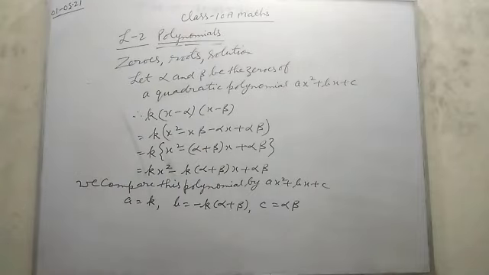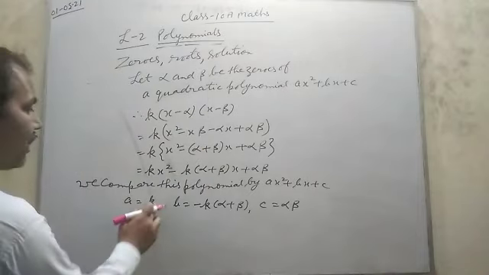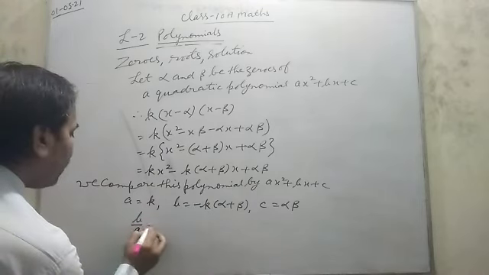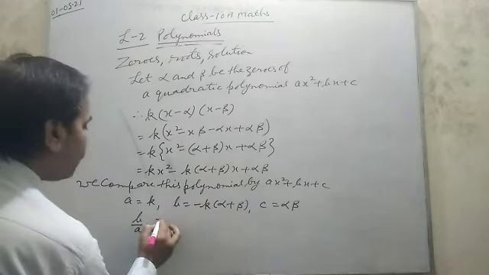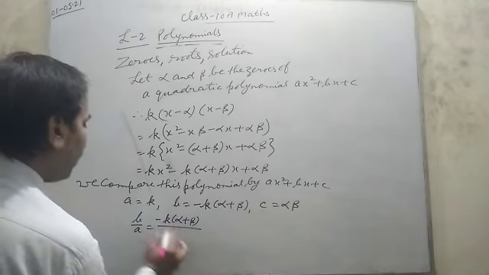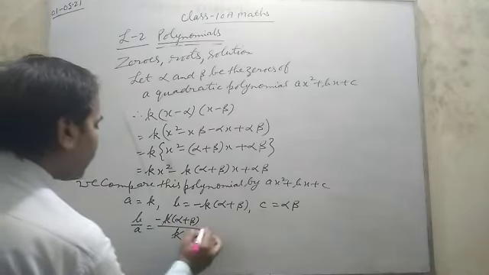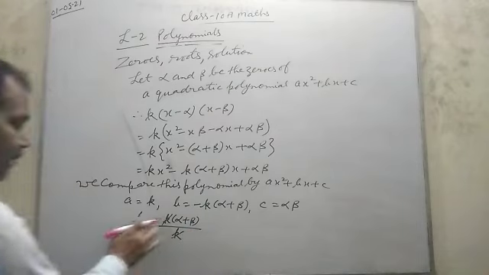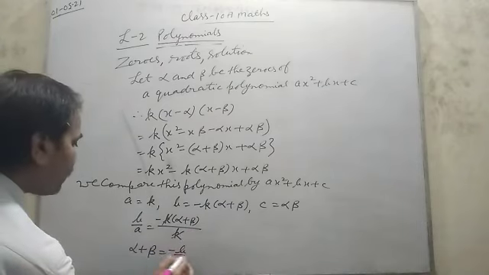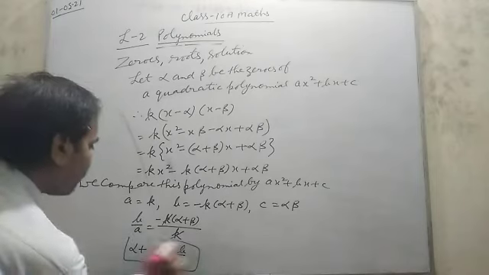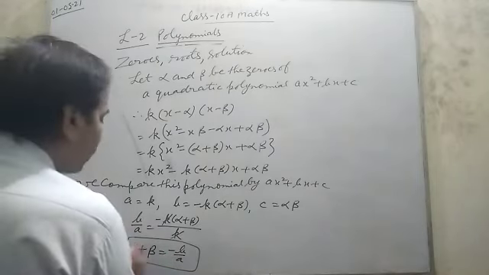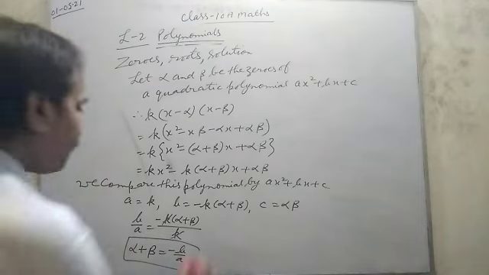Clear? So you have to remove k. So divide: b upon a means this upon that. So b's value is minus k alpha plus beta, upon a's value, k. So k cancels. Transfer the minus to this side. So alpha plus beta is equal to minus b upon a. This is the formula, and alpha plus beta is also called the sum of the zeros.